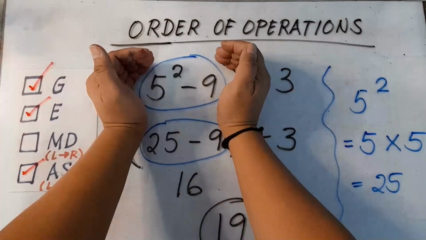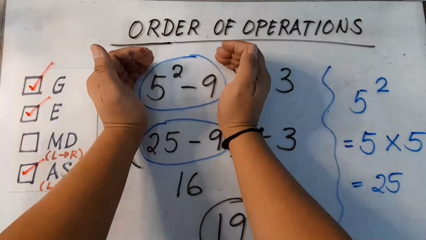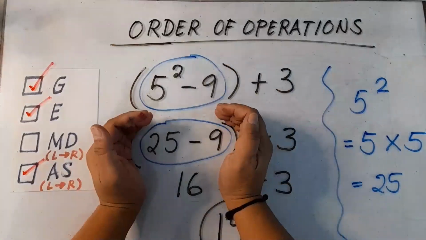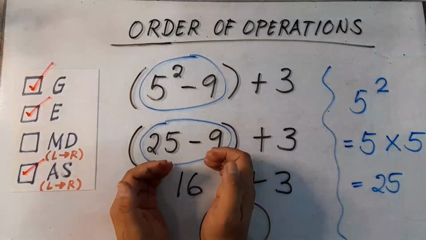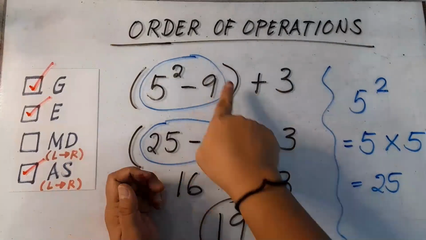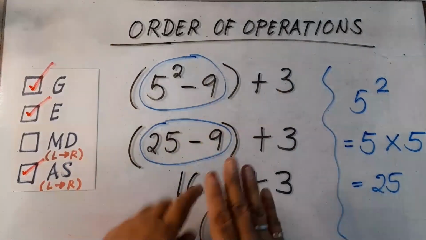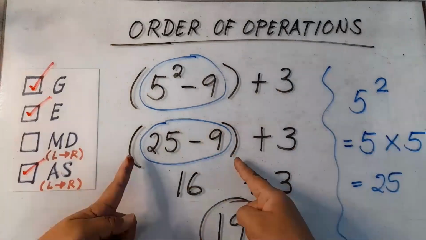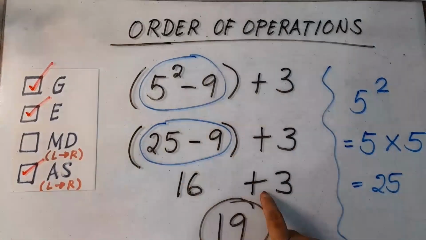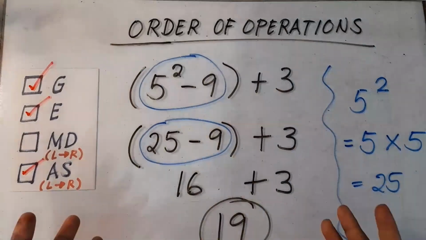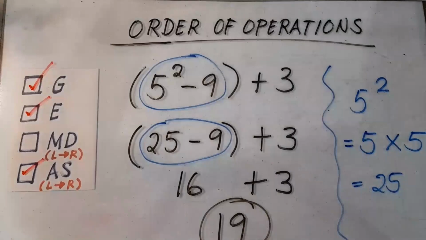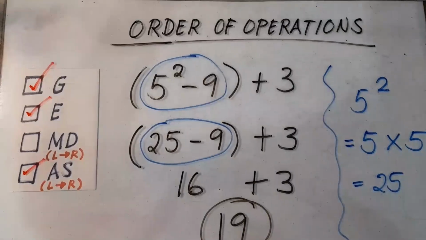Now, unti-unti, sinimplify natin yung nasa loob ng grouping symbol. Naging 25 minus 9 and naging 16. Dahil na-finalize na natin, na-perform natin yung 2 operation na nasa loob ng parenthesis, nagkaroon na tayo ng 16, nakalabas na tayo dun sa grouping symbol, that's the time we proceed to addition. Okay? So, ganyan ang ginagawa if you have two or more operations inside a parenthesis or a grouping symbol.